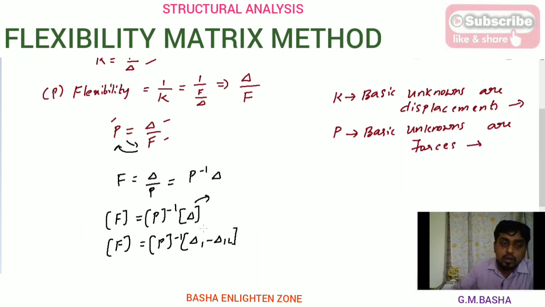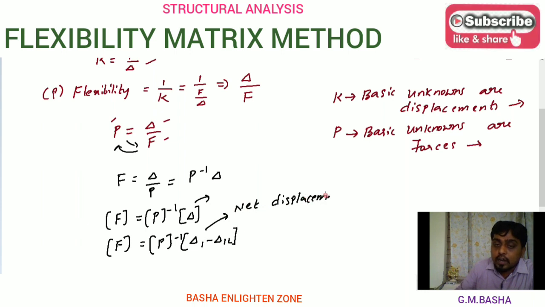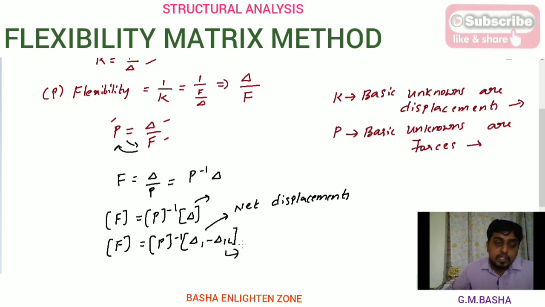So what is this delta 1? This delta 1 will be the net displacements in coordinate directions 1, 2, 3, 4 etc. For example, if it is a 3 by 3 matrix, it means net displacements in coordinate directions 1, 2, 3. And what about this delta 1L? This delta 1L will be the displacements at coordinates due to the applied loads in the released structure.